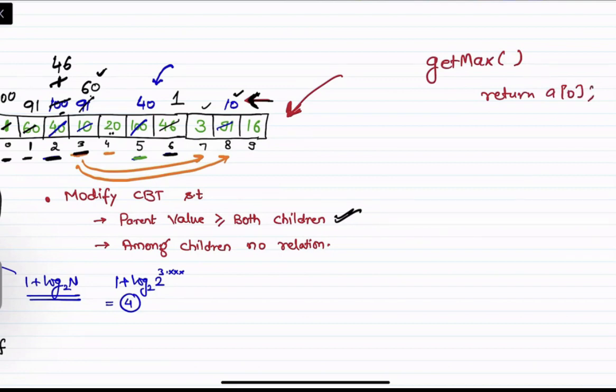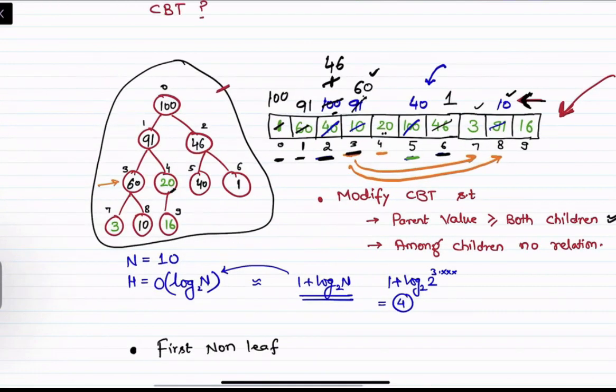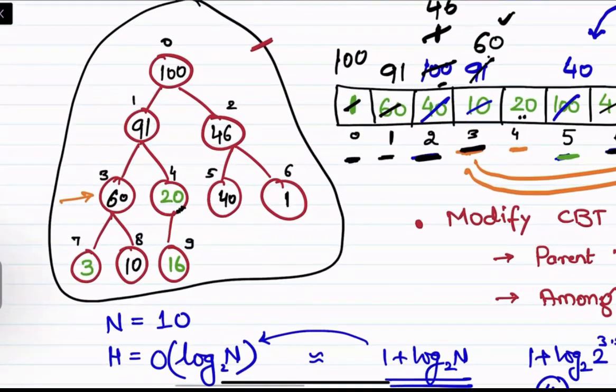Okay. Now if I ask you, whatever this tree is, whatever this structuring happened, I want you to insert, let's say, 105. If 105 has to be inserted in this tree, where will that go?